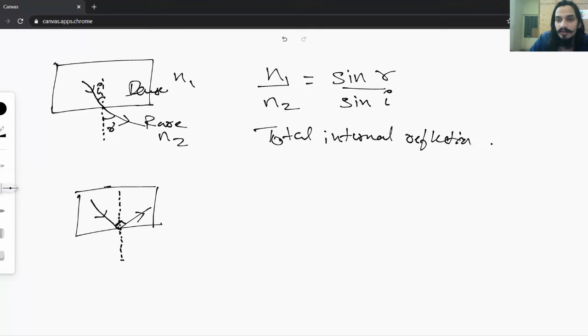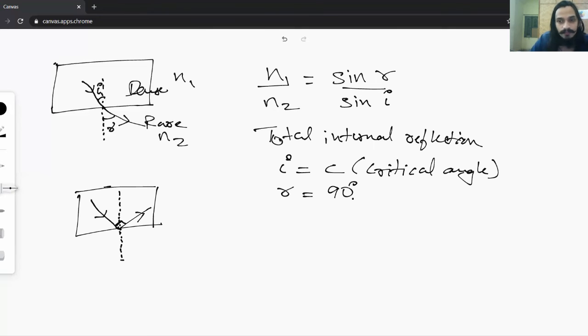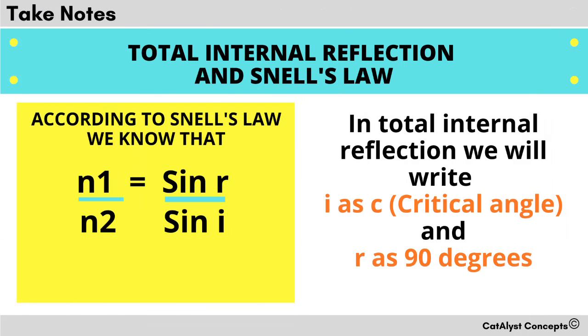That is the minimum angle required for total internal reflection to happen. So for this critical angle, I will call I as nothing but C. Okay, this C is nothing but the critical angle, and my R, my angle of refraction, will be 90 degrees. Okay, because that's the angle at which it will refract in total internal reflection.